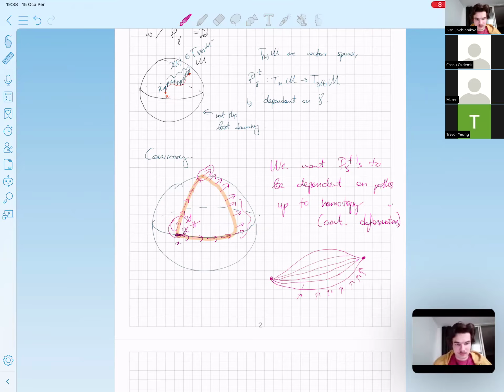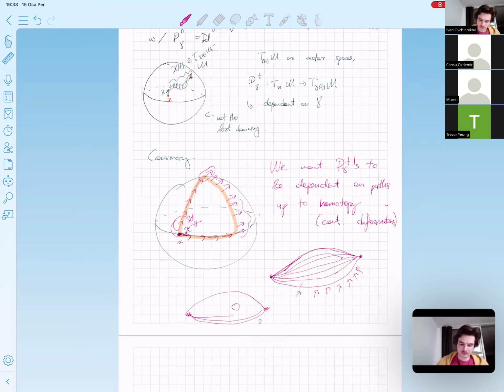And by pushing it, you can obtain this guy from the first one. But if there was a hole, then you couldn't do that. So if there was a hole like this here, whatever you do, you push, you try to maybe take it out and get away, but there's a hole, so you cannot make it cross the hole. So these are not homotopic.